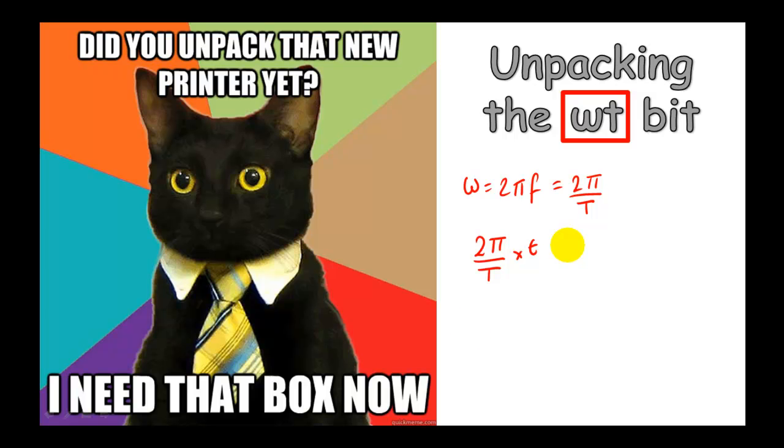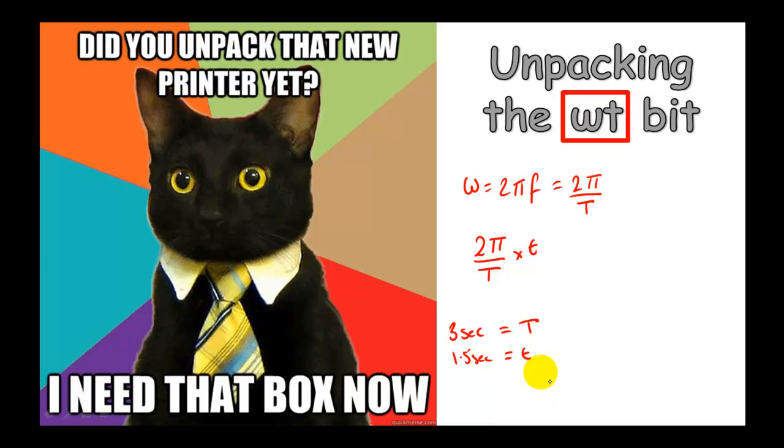So if you imagine something that had a frequency of once every 3 seconds, or a frequency of a third, its time period would be 3 seconds. If you were 1.5 seconds into the cycle, that would be your little t value. This would be your big T value, and your little t value would be 1.5 seconds.